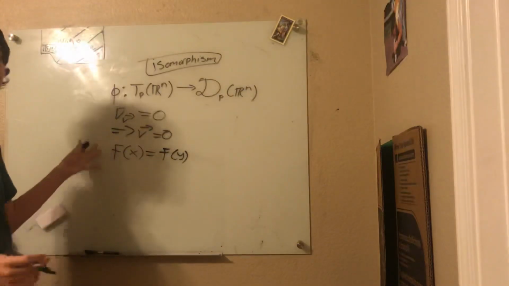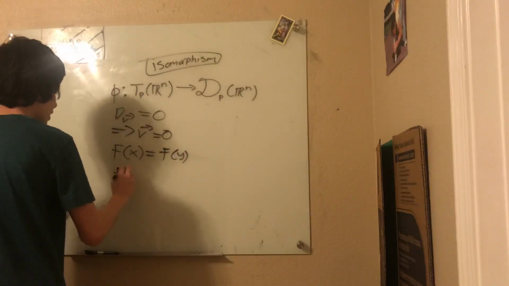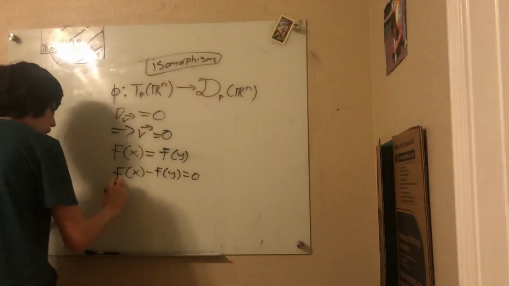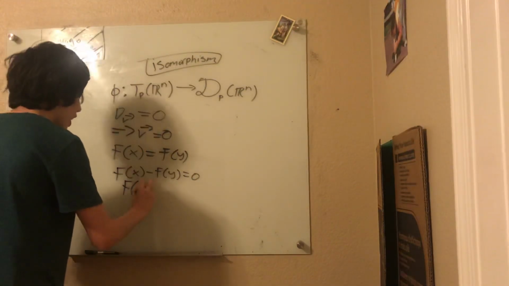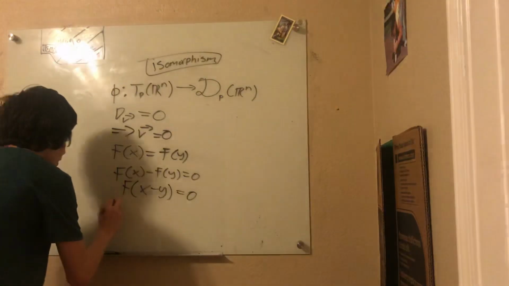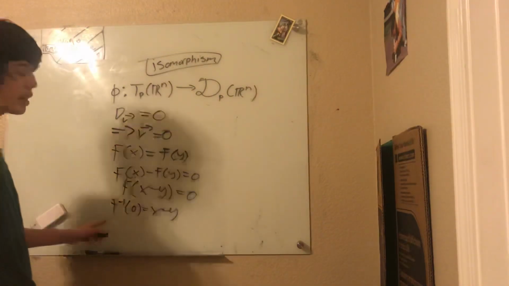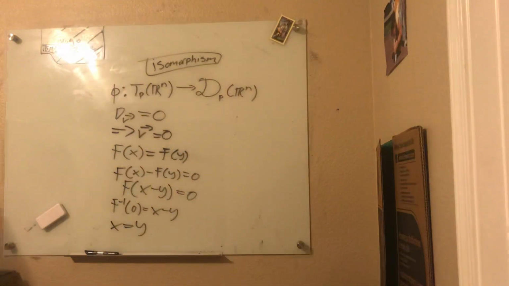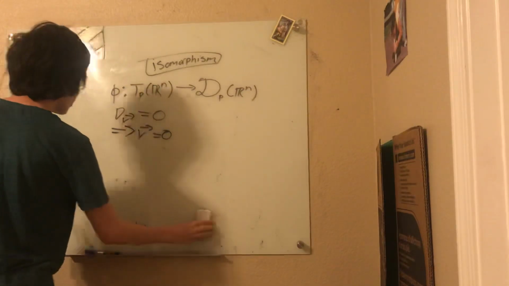Then we can extend this to f(x) minus f(y) is equal to 0. Since this is a linear mapping, this is just equal to f of (x minus y), which is equal to 0. We find the inverse of 0, which gives x minus y, so this implies that x must be equal to y, right? So that's all we need to show to prove injectivity.